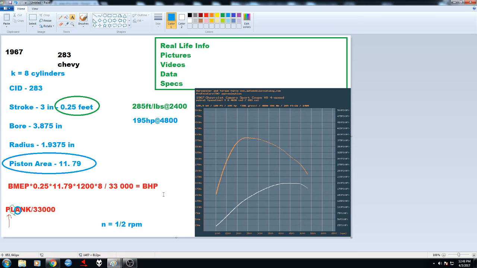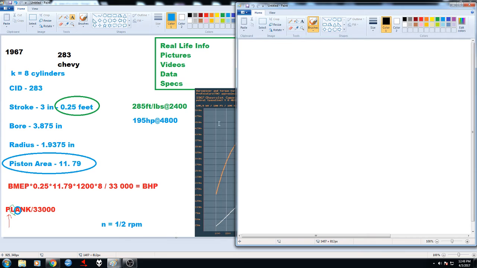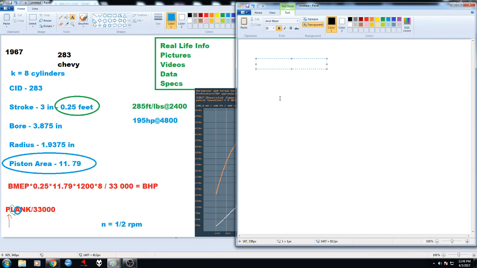From the previous profile, we know the numbers that we came up with on the BMEPs, let me open the new file. It was, I believe, 58 psi at RPM 1. It was 151 psi at 2400 RPM at our max torque, and it was about 112, or actually 113 psi at 4800 RPM.